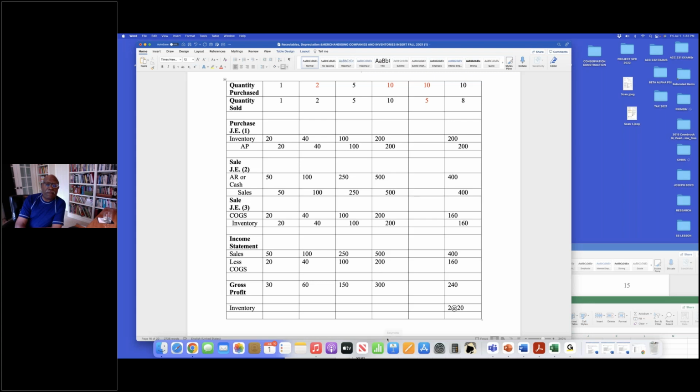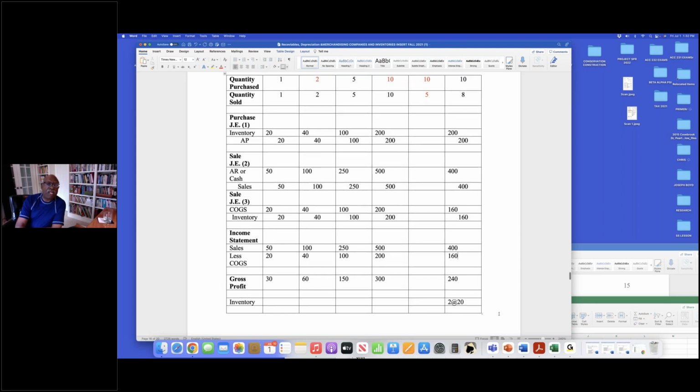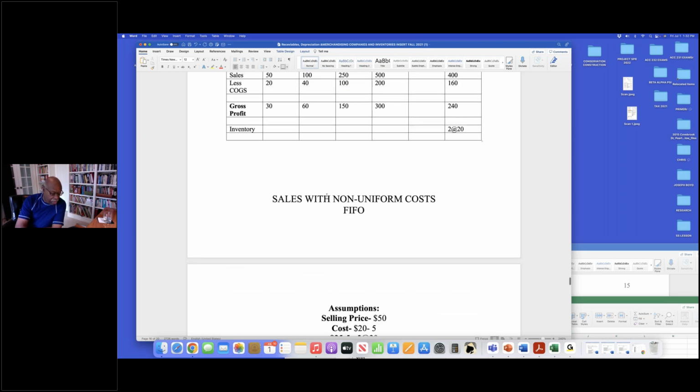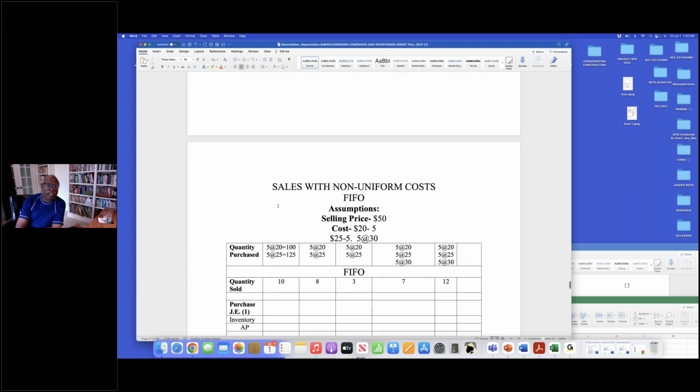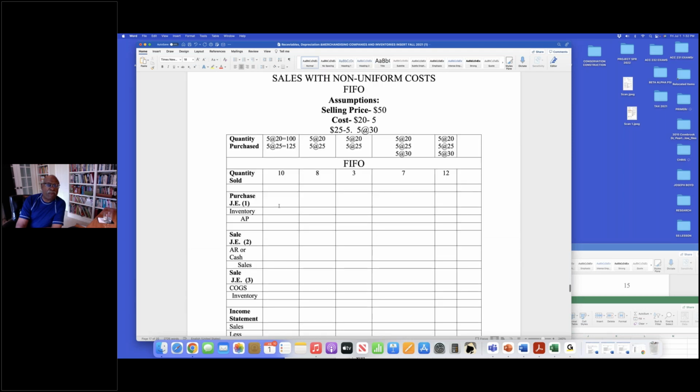All right, time to move to some sales where the costs are not always the same, because when we buy things, the costs are not always the same. So we do the first one. Suppose we buy 10 pairs of shoes and we sell them all.